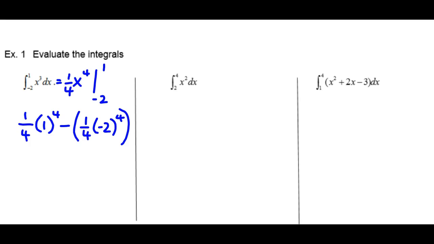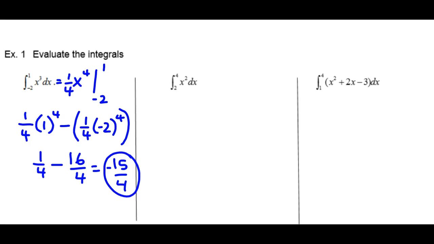So when I evaluate the left portion, I end up getting 1/4, minus evaluating the right portion, I get 16/4. So my final answer is -15/4. And again, as we know, this gives us the area under the curve of x cubed from -2 to 1. So that must mean that the majority of the area is negative.